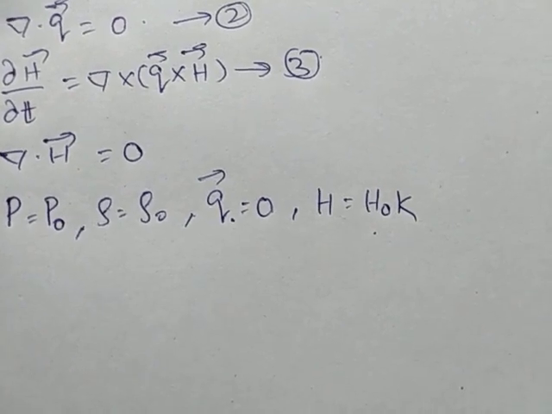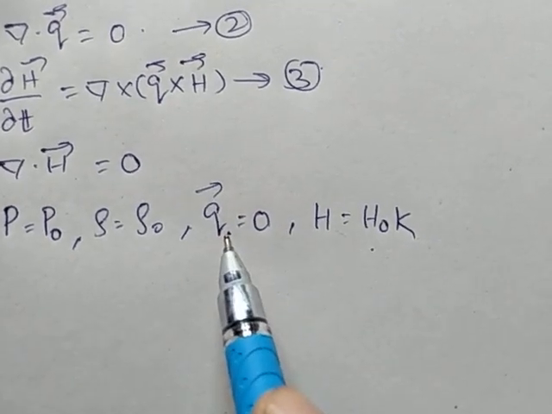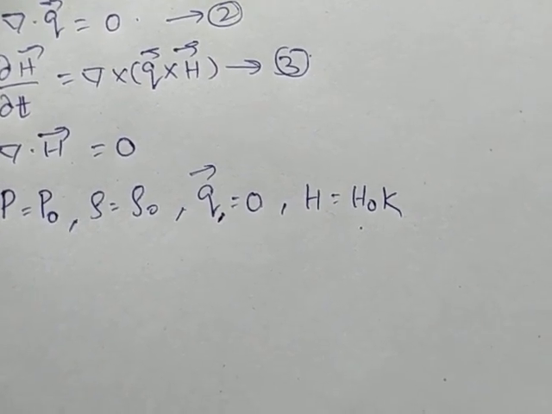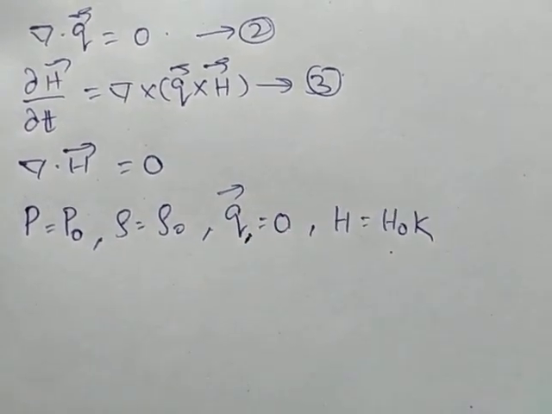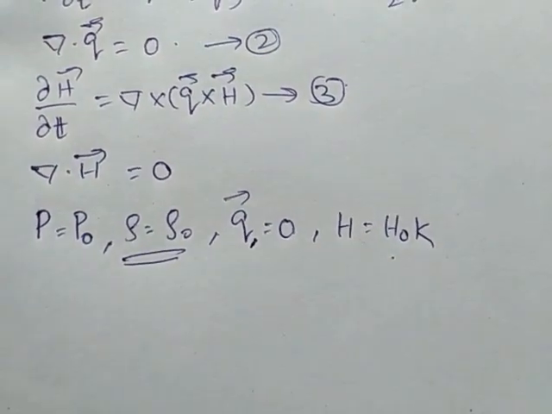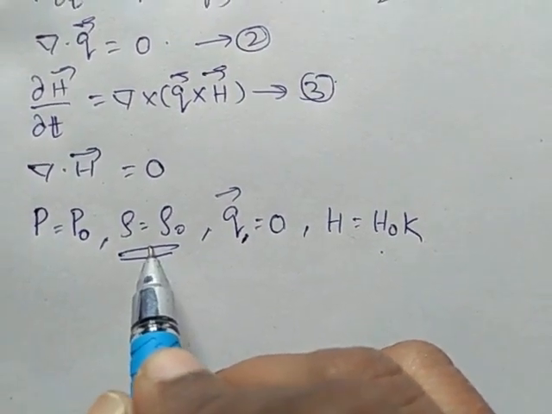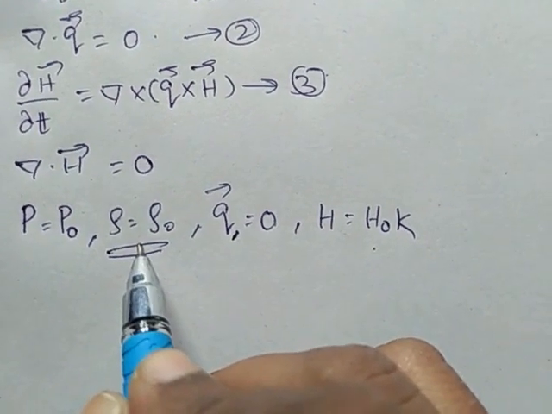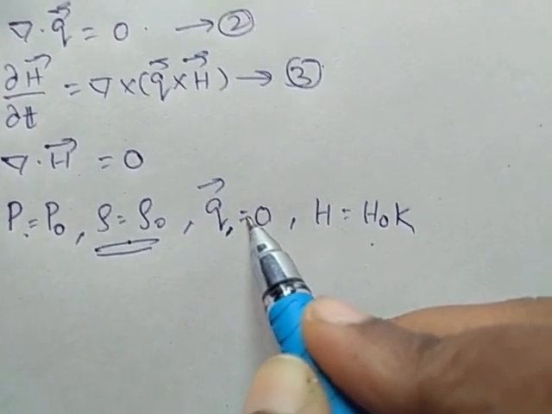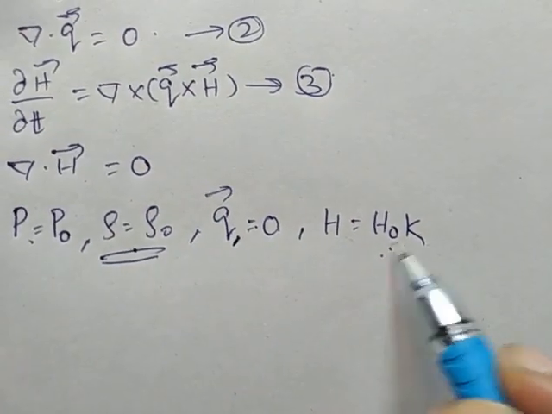When we generate the wave, velocity is generated, and the magnetic field and pressure also change slightly. Density of the fluid always remains the same; due to small disturbance, density does not vary. So when we perturb the basic state, pressure slightly varies, we get some velocity, and the magnetic field also changes slightly.